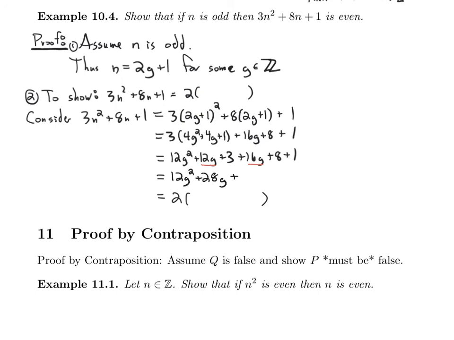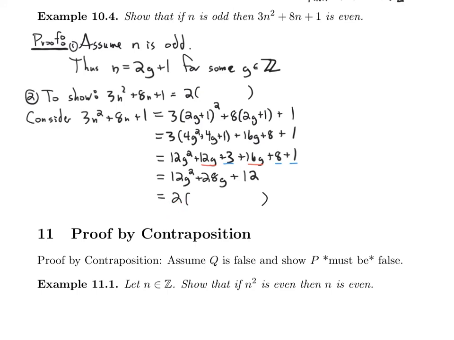We have 3 plus 8 is 11, plus 1 is 12. And we know that we want to get in the form 2 times something. Here we have 3 terms. Each of these terms has a factor of 2. We can factor out 2, which is excellent because that's what we want.